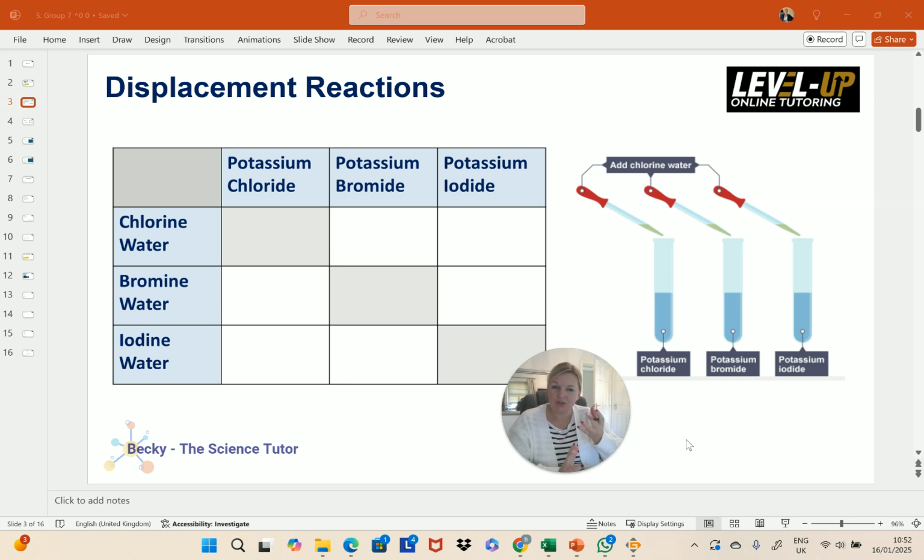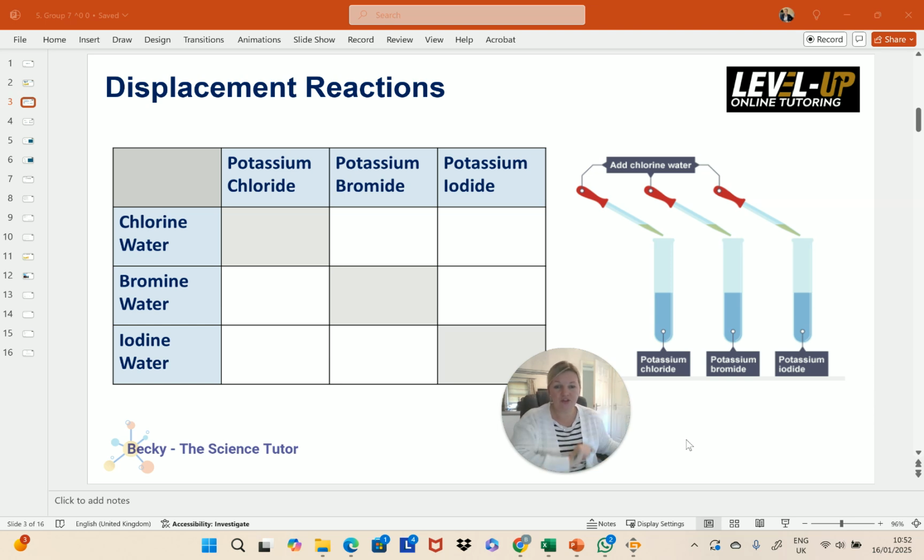Now remember that when we know a chemical reaction is taking place, we have a change in colour, change in temperature, pH, fizzing, bubbling. We're looking for something happening. So we're going to look at these different reactions, and we're just going to fill in this table with a simple tick or cross as to whether a reaction has occurred.